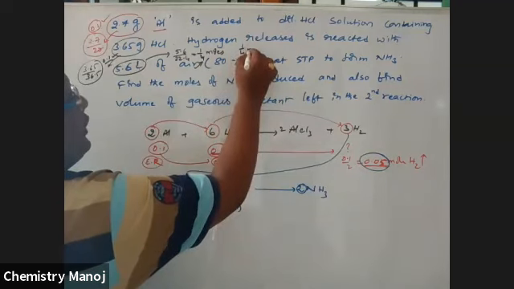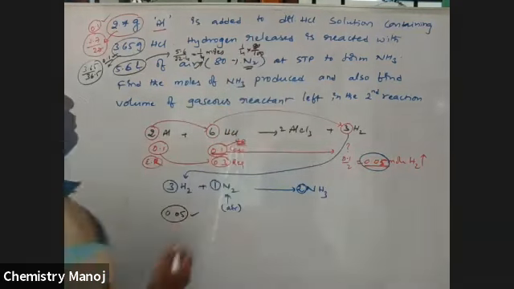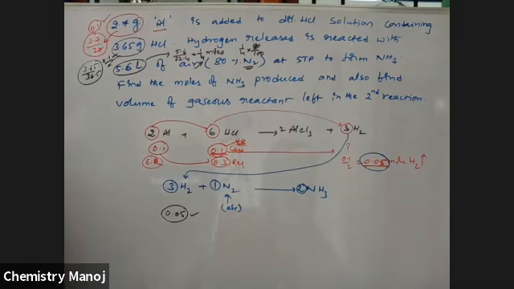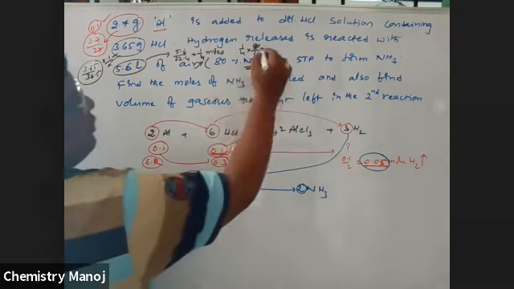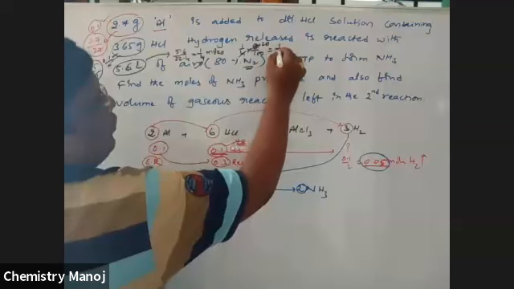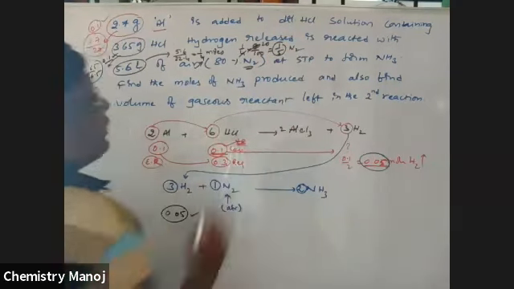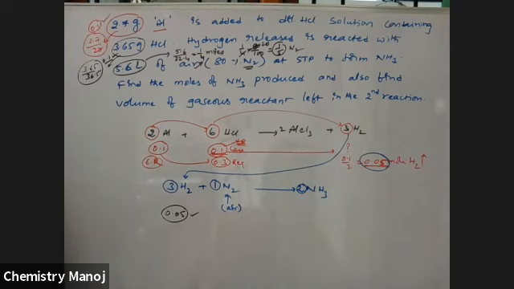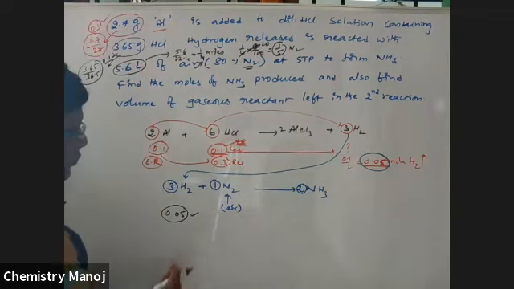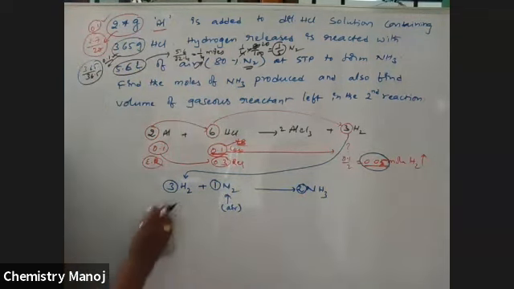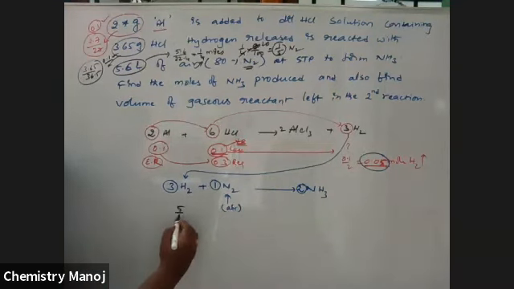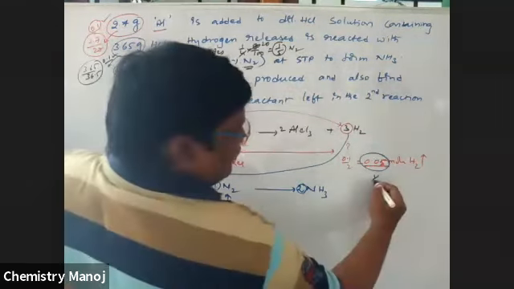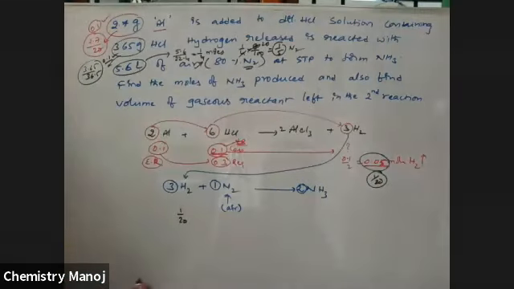So 1 by 4 into 80 by 100, that is 1 by 5 moles N2. Now 0.05 is 5 by 100, which means 1 by 20 moles of hydrogen.